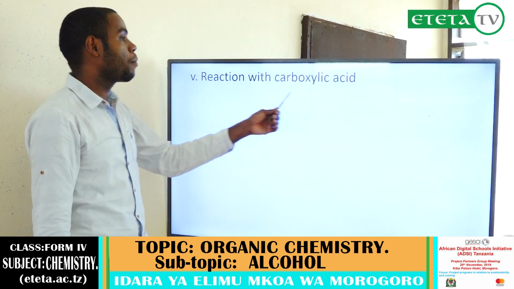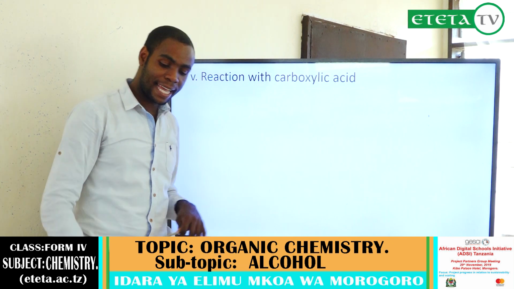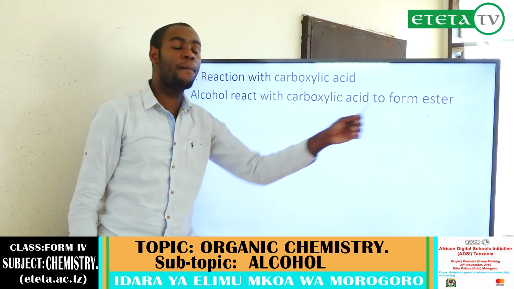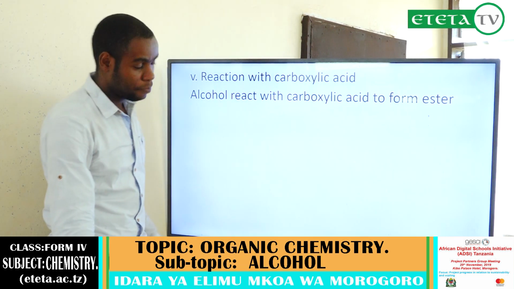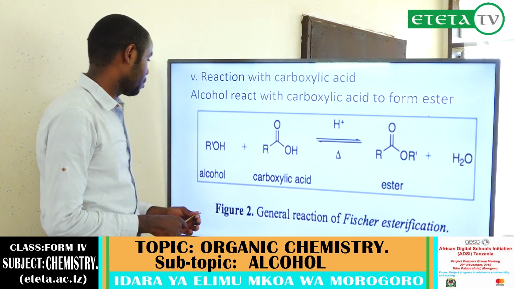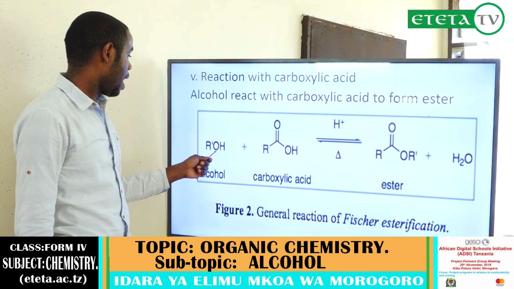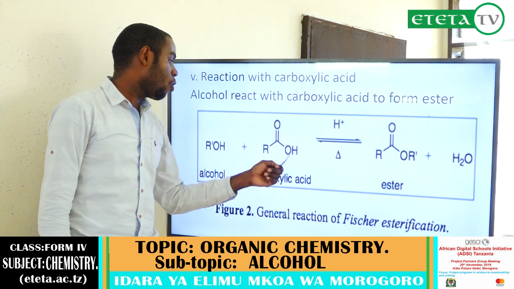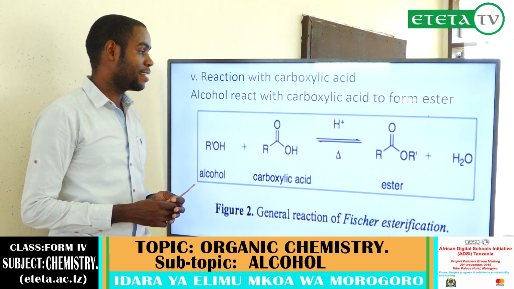Now, reaction with the carboxylic acid. Alcohol reacts with carboxylic acid to form a compound called ester. How? For example, ROH is alcohol, and RCOOH is carboxylic acid.